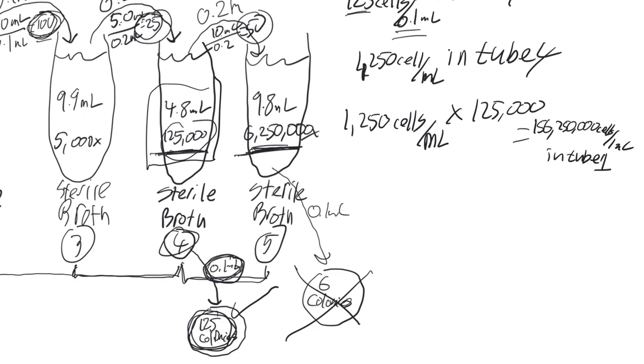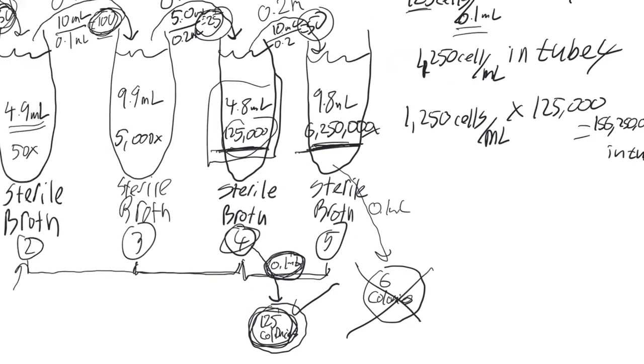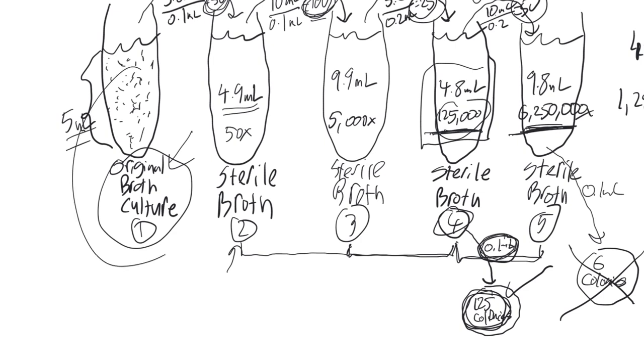So I'm almost done, all right? So I know now how many cells per milliliter there are in this tube. And remember that I said that the total volume in that tube doesn't really come into play until the very last step? Well, here it is.